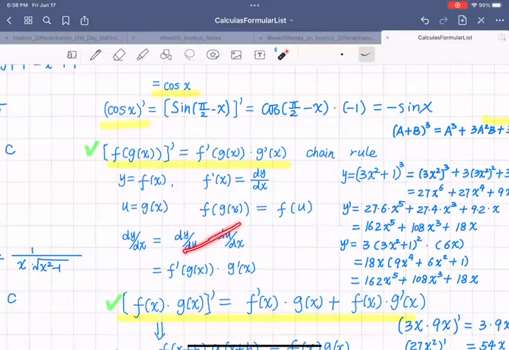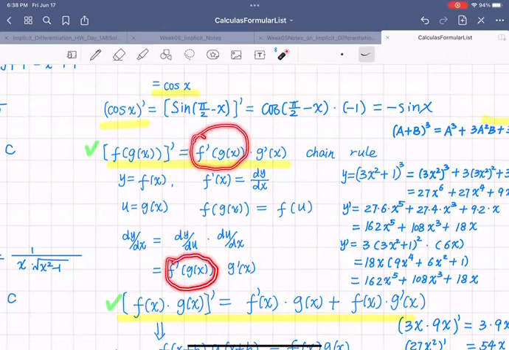The du parts can be canceled with each other. So dy over du is this guy, and du over dx is the inner one, which is g prime of x.